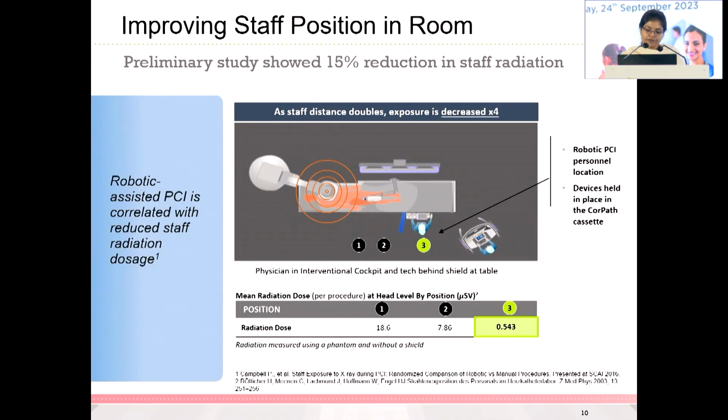It's also important for the nursing team, which is located inside the laboratory, because at various positions, that is position 1, 2, 3, the person standing in the first position has 18.6 microsieverts of radiation exposure, whereas the person standing at the third position receives 0.54 microsieverts. So by using this robotic system, we can also reduce the radiation exposure of the nursing team, which is situated inside the lab.